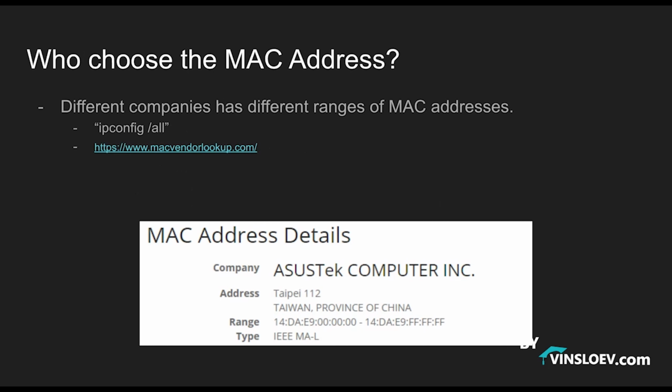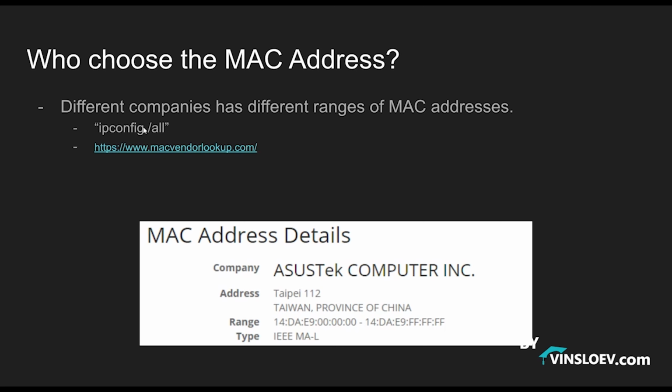So who chooses this MAC address, since it is a unique hard-coded address? It is the companies that produce the network cards that we have in our computers and devices, each with a different range based on the producer. So each producer of network cards has a certain range that they can give addresses from. You can actually look up your MAC address and see who produced your network card.